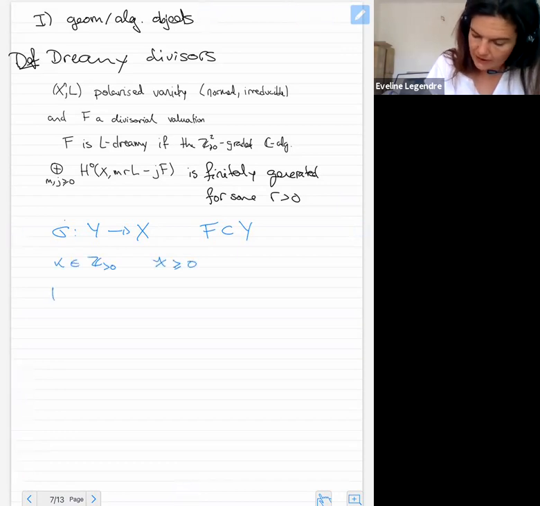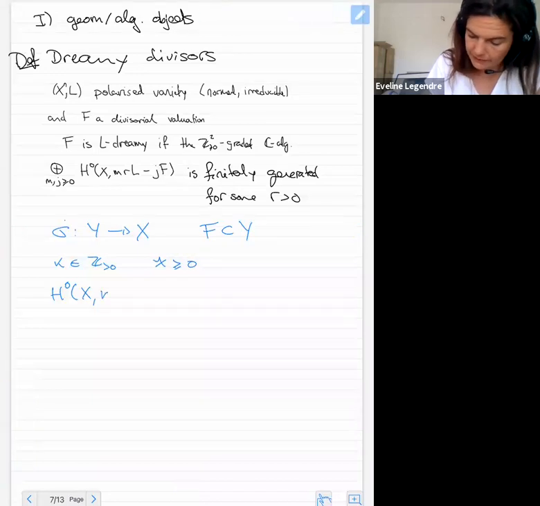And so for k in Z greater than 0, and x always positive here, we consider the following vector space that I will define.